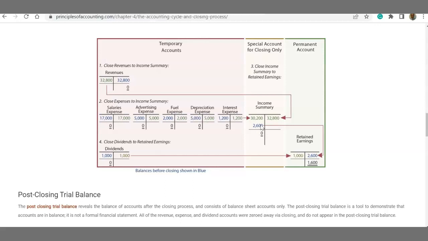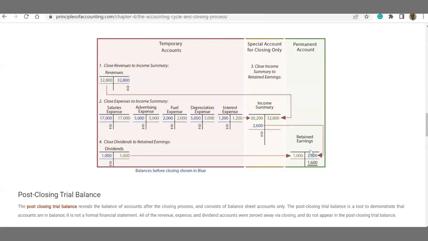Then in order to get rid of that balance, you see, that's why I don't like the way it shows, because it doesn't show the balance and then the closing part of it. Anyway, this credit side is a bigger number than the debit side, so you have a balance on the credit side, which is $2,600. In order to get rid of that and make it zero, you debit income summary and credit retained earnings.